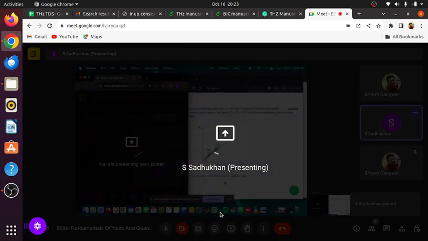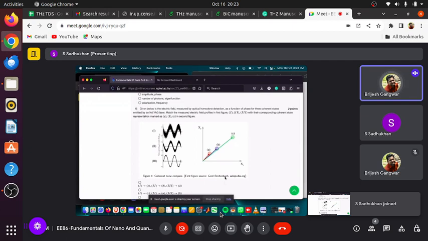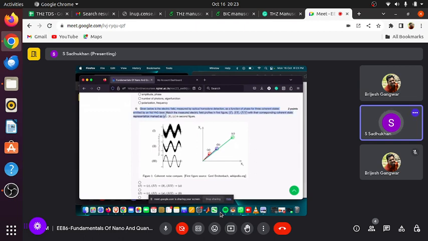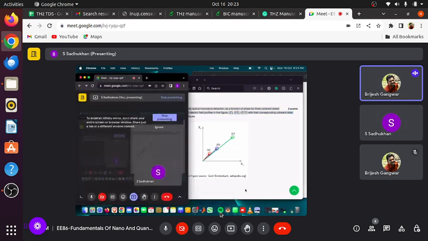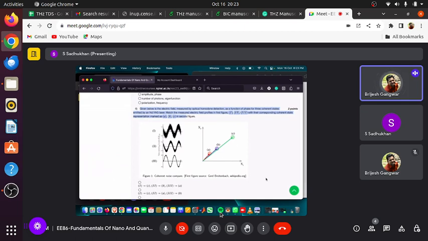Are you able to see the screen? Yes. This question 6, can you please tell me how to approach it? Given below is the electric field measured by optical homodyne detection as a function of phase for three coherent states emitted by an Nd:YAG laser. Match the measured electric field profile in the first, second and third figures with their corresponding coherent state representation marked as A, B, C in the second figure.